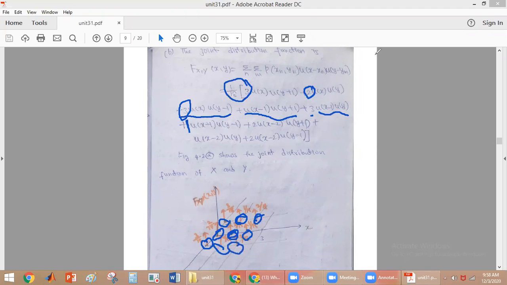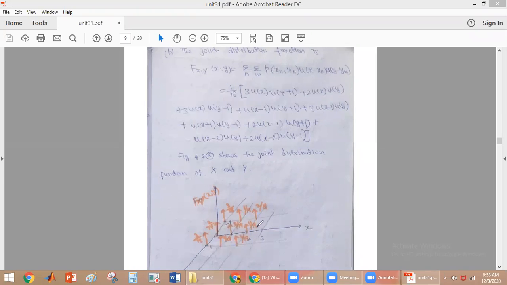Now you just count how many elements we have in total. If you count the number of elements here, we get 9. Check it, count it, the number of elements is equal to 9. So we have 9 locations. Like that we can plot the joint distribution function. It should be drawn on a 3D plane like this.